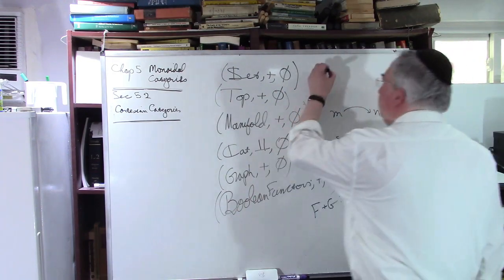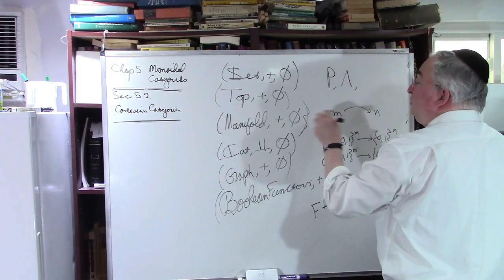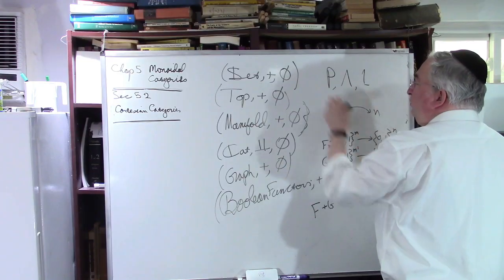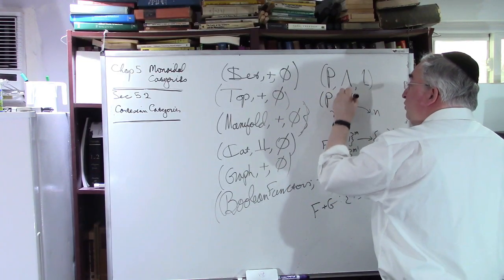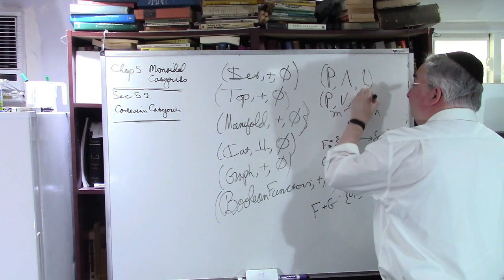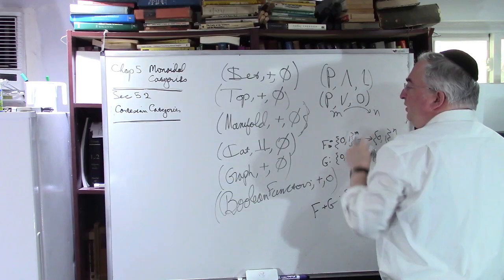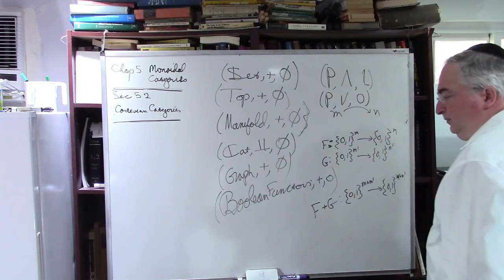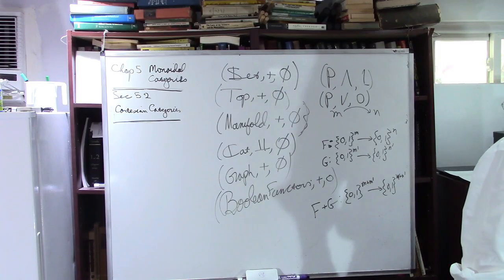Well, we saw that if you're dealing with a preorder, this forms a Cartesian category. Well, if you're dealing with a preorder, you can also have a join. This is a coproduct in a preorder category. Not in a partial order, where it's strict, but in a preorder, it's not strict.